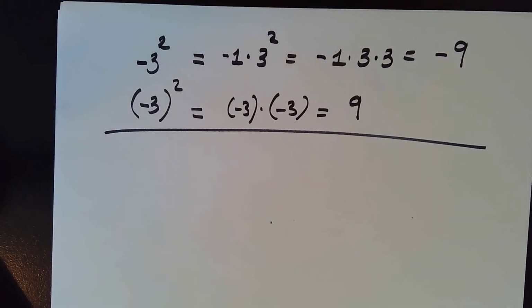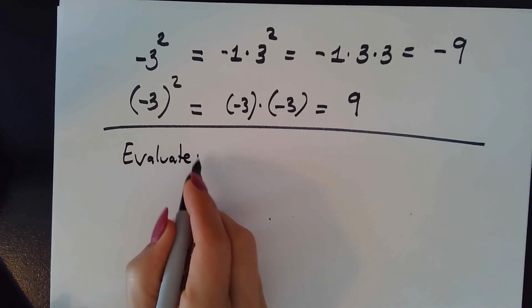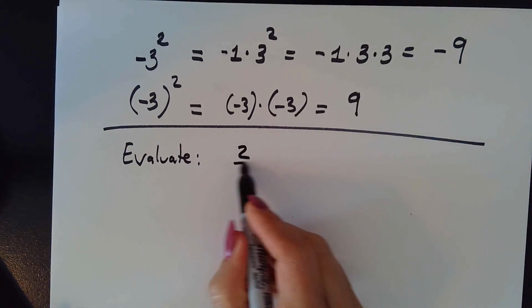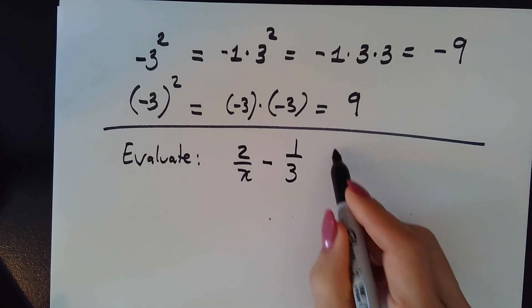The next part of chapter 1, we're going to evaluate some expressions, and then we're going to simplify some expressions. So for example, suppose I want to evaluate 2 over x minus 1 over 3, and I'm given a value for x.